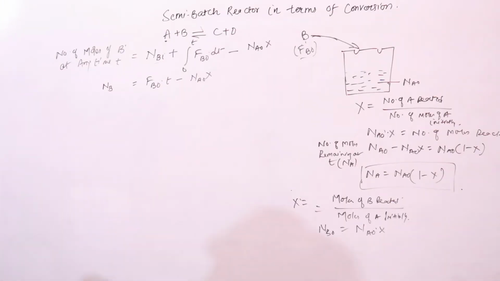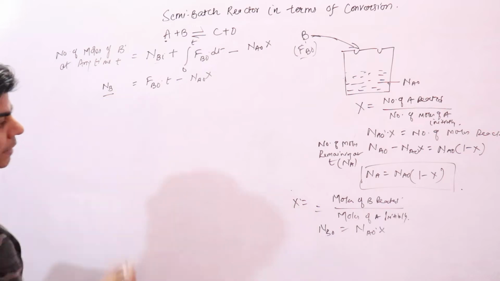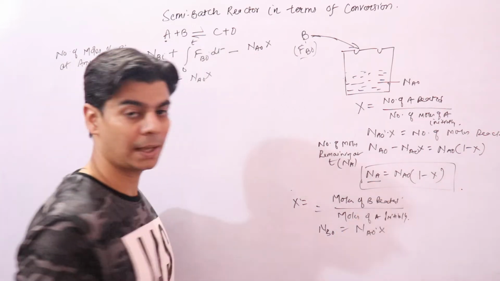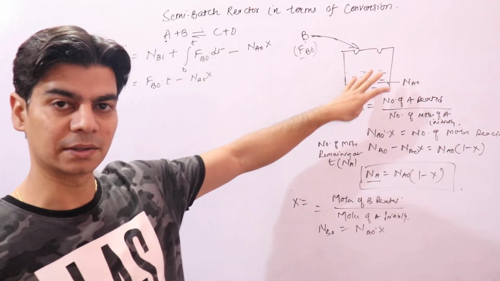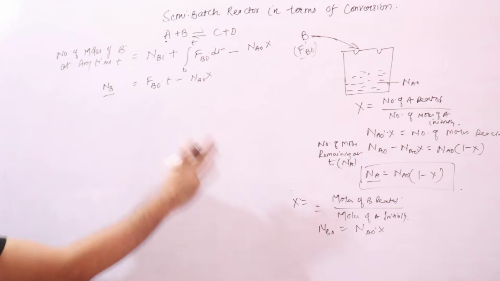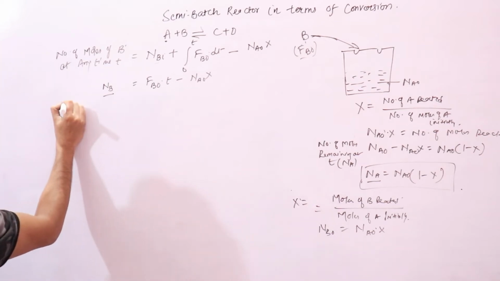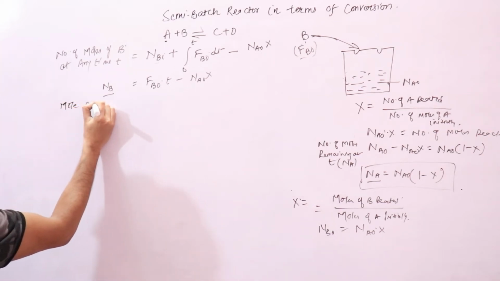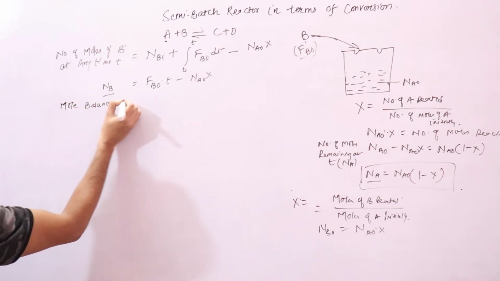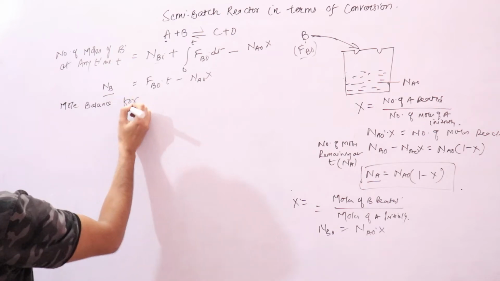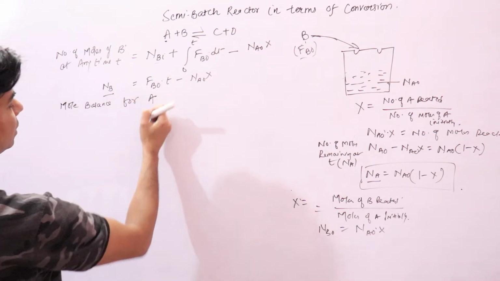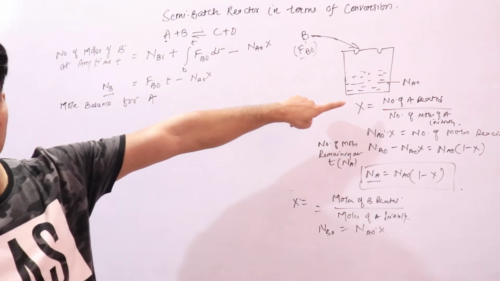Now we know NB and Na, right, at any time t in this reactor in terms of conversion. Now we will do the mole balance for A, right, for A, which is already there in the reactor.